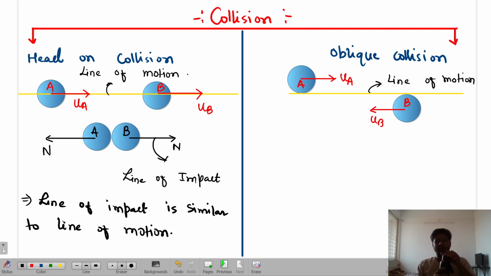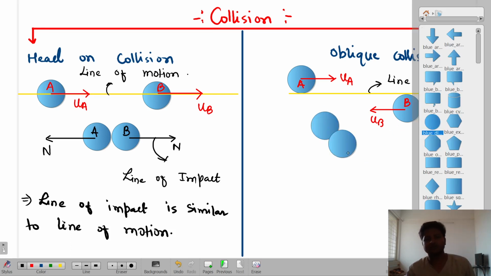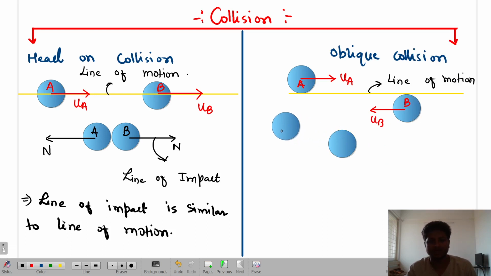Now, what happens in oblique collision? Let us have a talk regarding that. When they are going to collide, let's suppose they got collided.